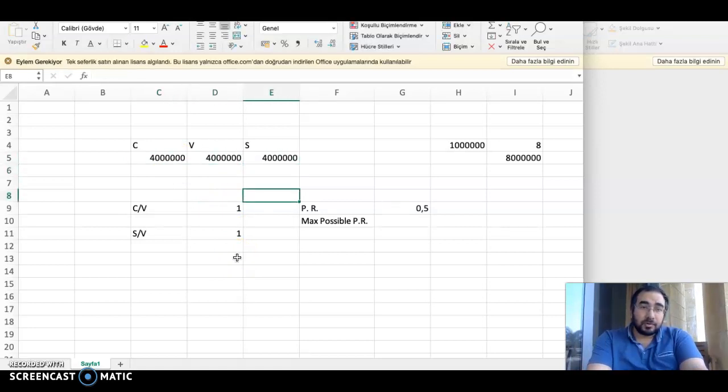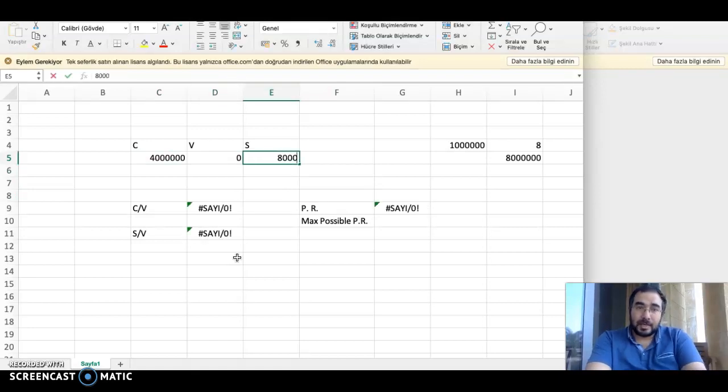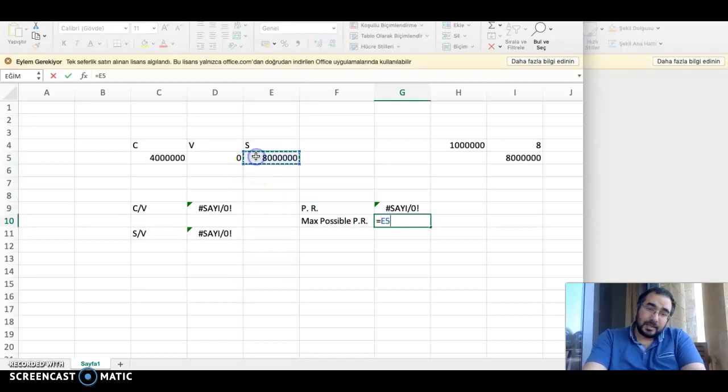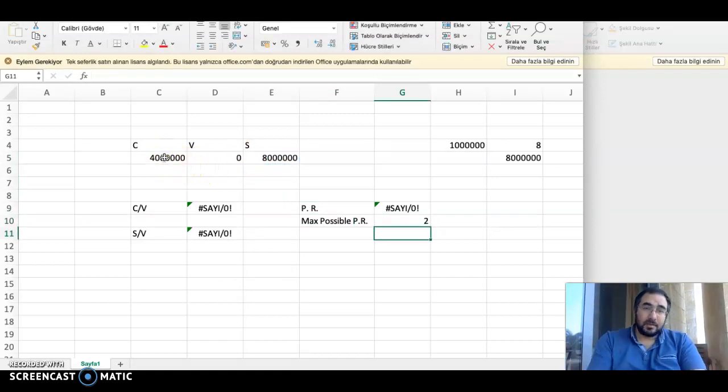At most, we might have V as 0 and S as 8 million. But in that case our profit rate will be S divided by C, which is 200%. So our capitalists now just need to buy the constant capital, the non-labor inputs, the workers cost 0 in this case, and they will get all 8 million to themselves.